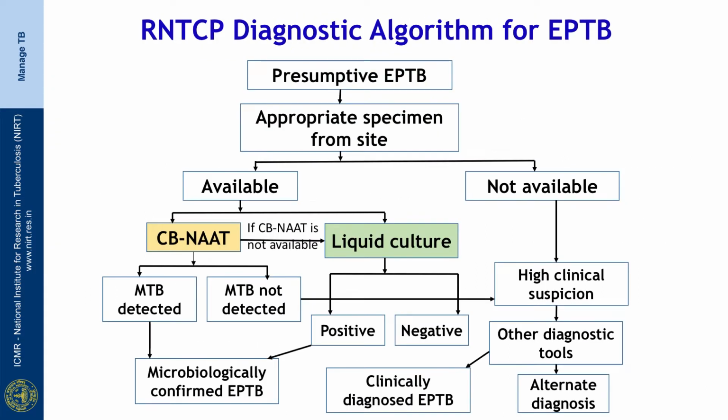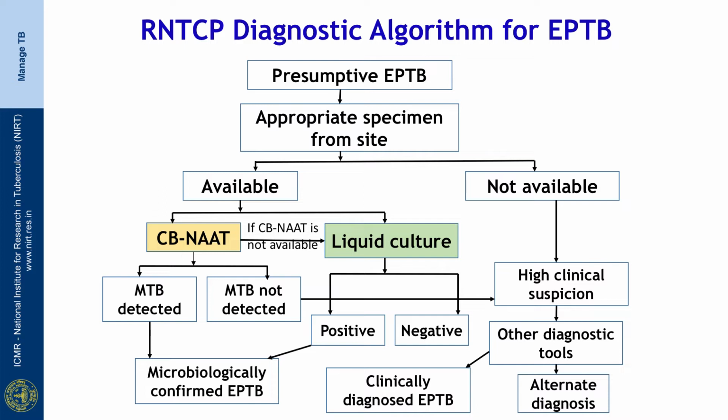Looking at the diagnostic algorithm for EPTB, as per our National TB Control Program, first of all, we suspect EPTB based on the symptoms and signs. We try to obtain appropriate specimen. Either the specimen is available or not available. In case the specimen is available, we subject it to CBNAAT. In case CBNAAT is not available, we also subject it to the liquid culture.